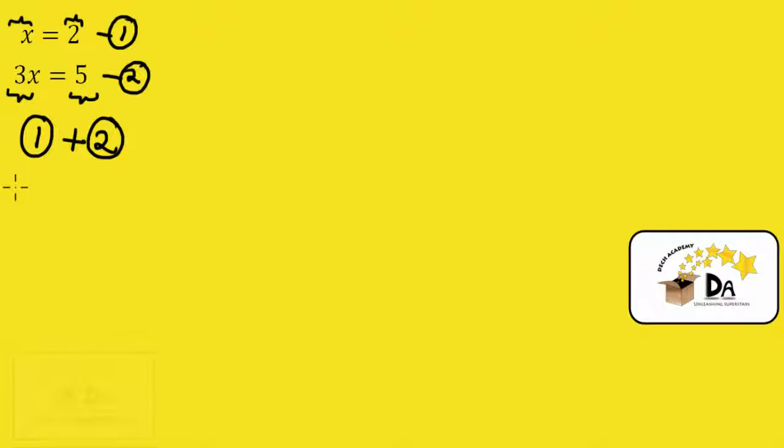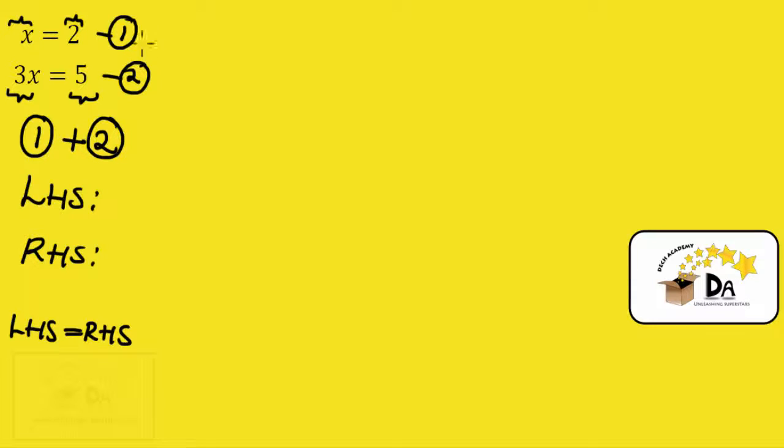When you're adding two equations, you carry out the left-hand side addition separately from the right-hand side addition, and you equate the left-hand side addition result to the right-hand side addition result. So let's focus on the left-hand side addition. In equation 1, the left-hand side is x, and we're adding that to the left-hand side of equation 2.